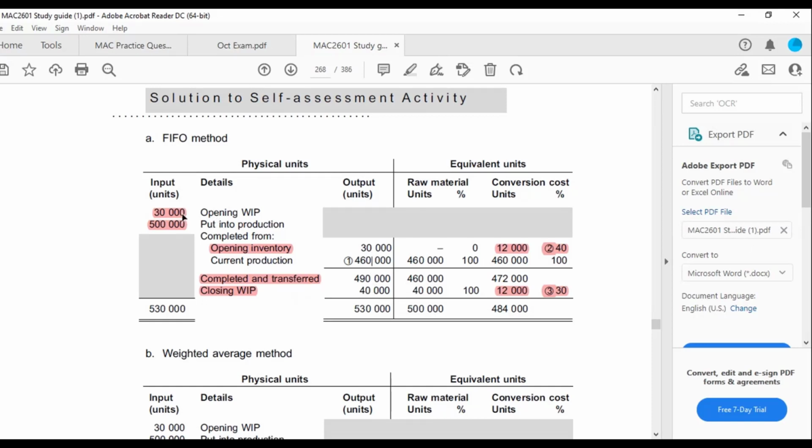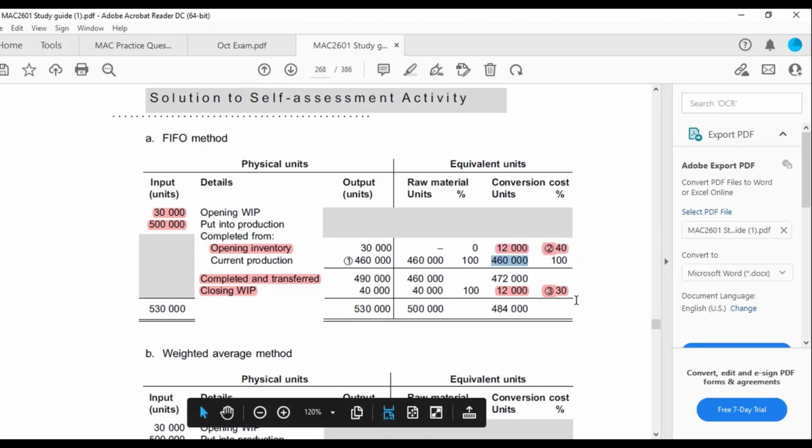Other people will say from opening, I do 30, I put 30 here, I know I need to treat this, then I'm done. Then you put into production, they are done. Then completed, they put it here, balancing figure, they put the 460, they are done, they get their sum there, then they are remaining with closing WIP.